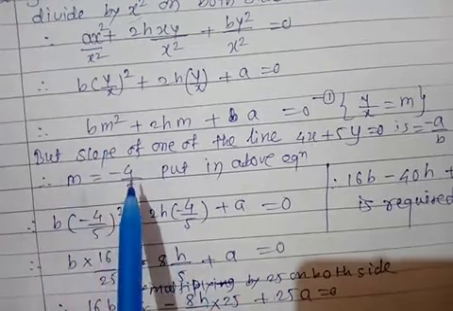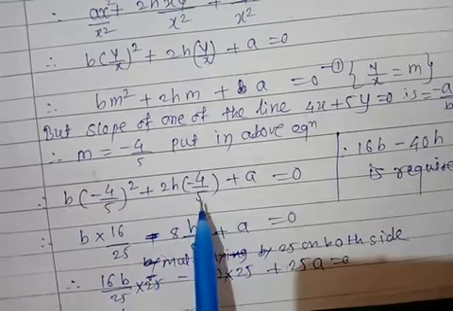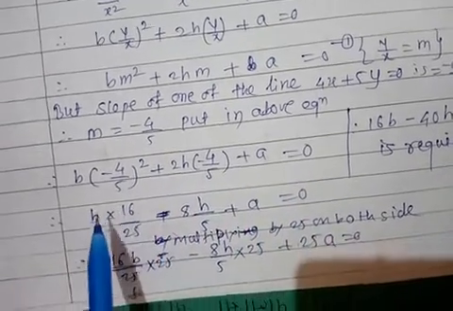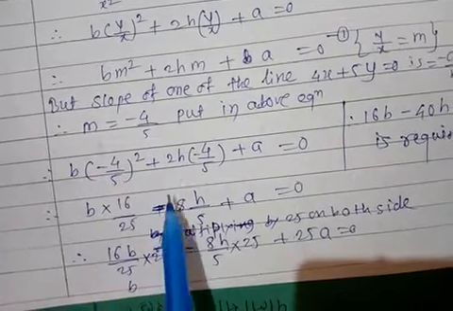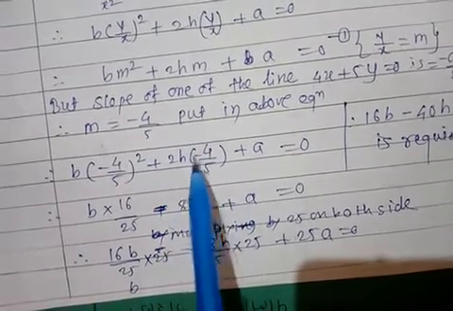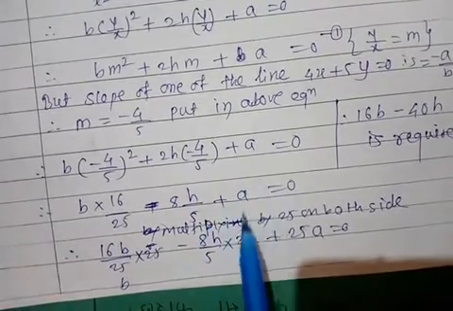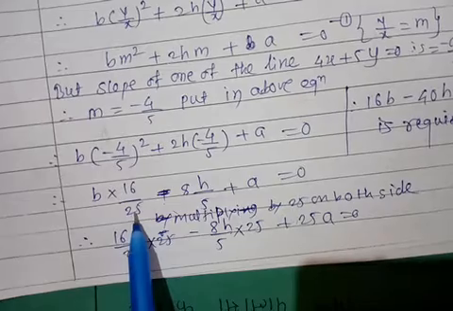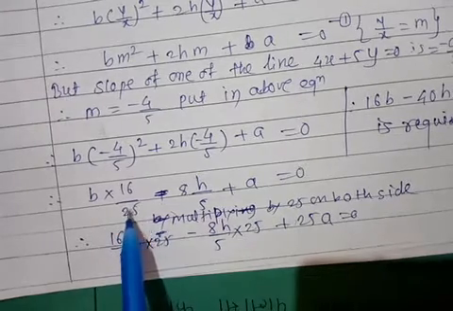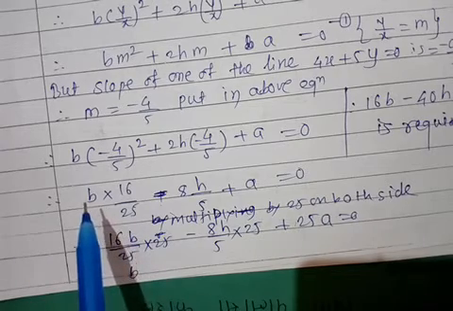That is, m equal to minus 4 by 5. So b into minus 4 by 5 whole square plus twice h into minus 4 by 5 plus a equal 0. Therefore b into 16 by 25 minus 8 by 5 h plus a. You have to multiply by the bigger number on both sides. Here is 25, here is 5, but the bigger number is 25, so you have to multiply by 25.